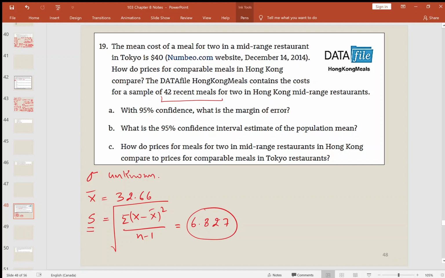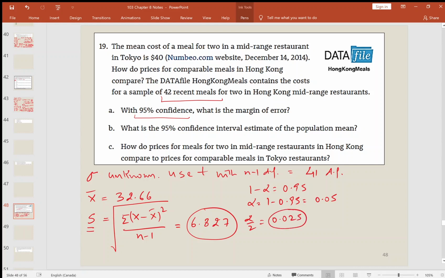Because sigma is unknown, we will use the t distribution with n minus 1 degrees of freedom. Because we have data on 42 restaurants, n minus 1 is 41, so 41 degrees of freedom. Now the 95% confidence level means 1 minus alpha is 0.95, so alpha is 1 minus 0.95, which equals 0.05, and alpha by 2 is 0.025.